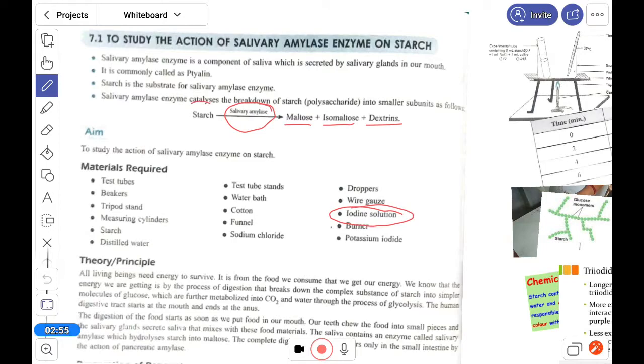Suppose if we apply iodine to starch, it shows a blue-black color.